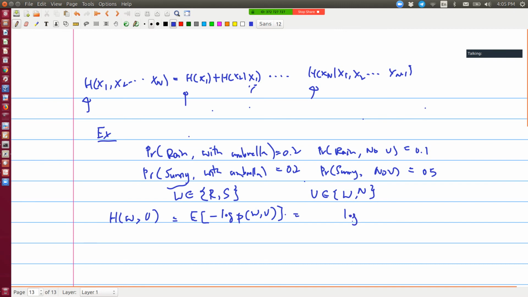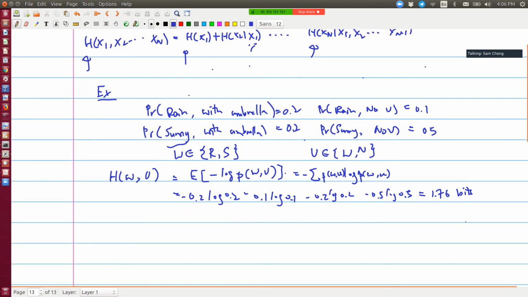Let's use small symbols, w, u: P(w,u). So it will be just 0.2 log 0.2, with a minus sign here, minus 0.1 log 0.1, minus 0.2 log 0.2, and minus 0.5 log 0.5. That will be approximately 1.76 bits.